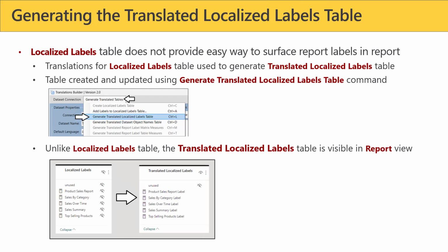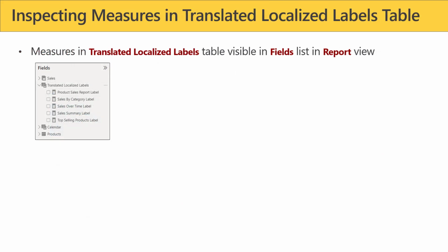Now also note that in Power BI Desktop, the localized labels table is hidden. We never need a report author to see that. However, the translated localized label table is completely different. That is meant to be used directly by report authors.